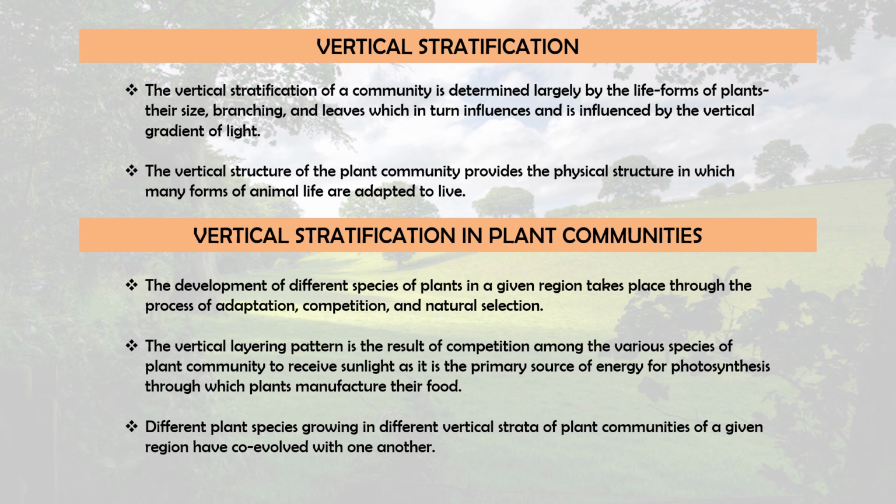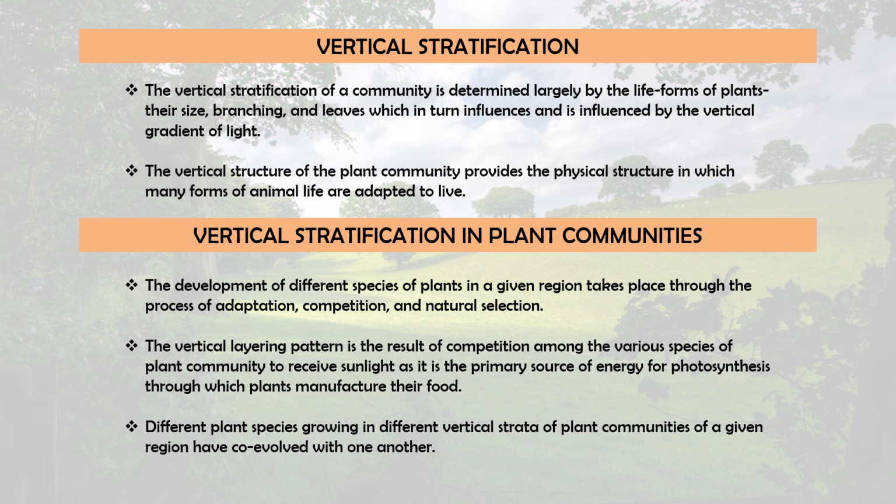Different plant species growing in different vertical strata of plant communities of a given region have co-evolved with one another. If the topmost layer of the dominant species is removed through natural or any anthropogenic processes, the structure of that particular plant community and the interrelationship between the plant species of different strata will be destroyed.